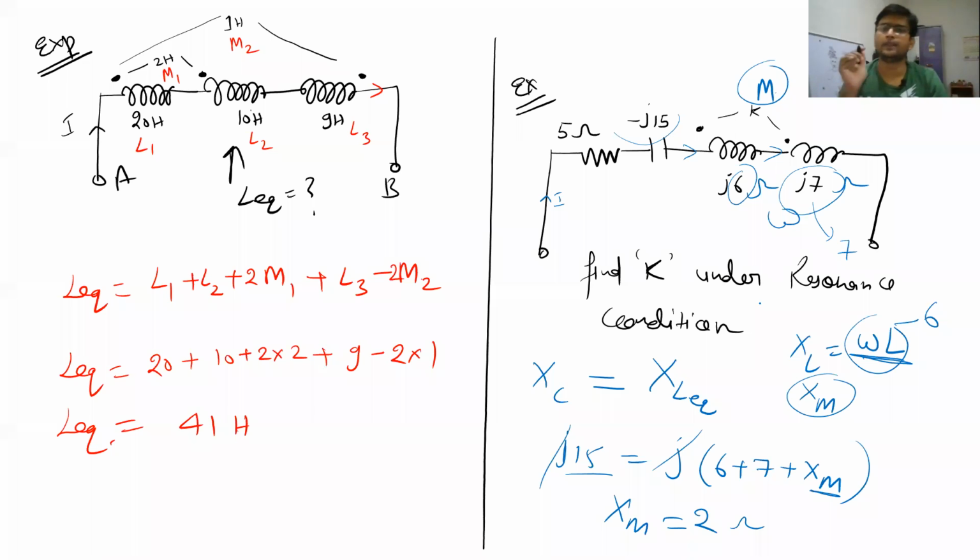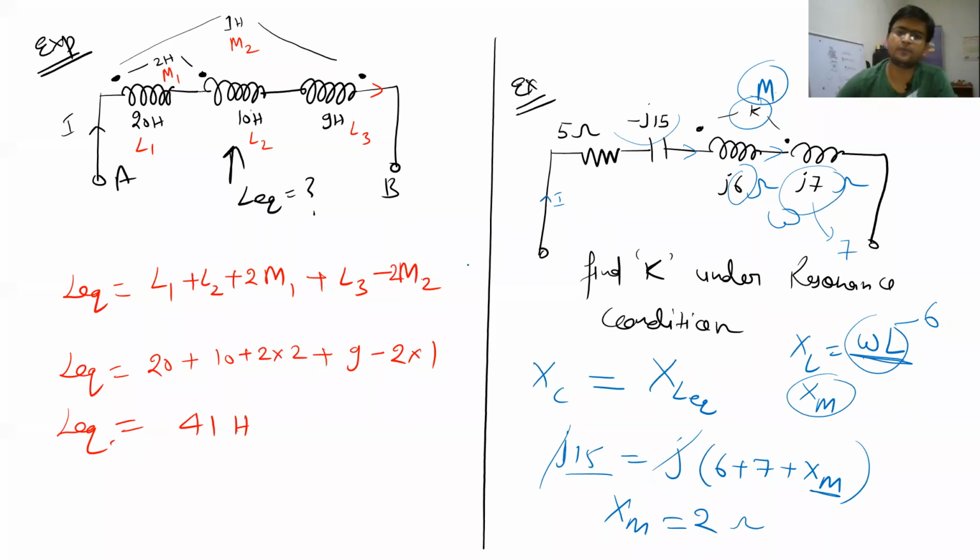Now, since you have to calculate the value of K, what do you have? You have only this formula, M is equal to k times under root L1 L2. So we have already studied this. Since in this form you do not have the values of L1, L2 and M, rather you have the values of impedances caused by L1, L2 and M, which is 6 ohm, 7 ohm, and now 2 ohm you have just calculated.